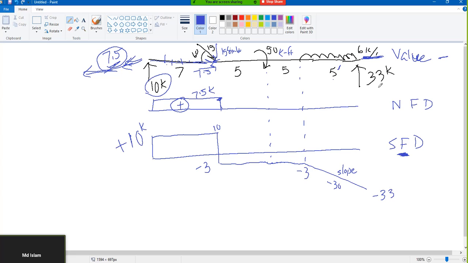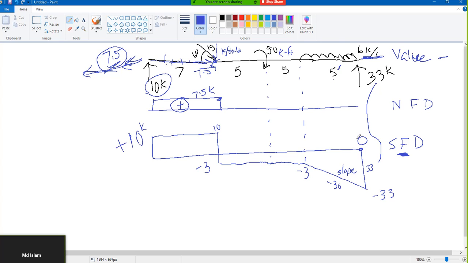After coming here, this load is telling me to jump by 33. A 33 jump, then come to 0. So you can see my diagram is a closed loop. That means my diagram is correct. If you find some value that is a very small fraction, that means it's a rounding error, so that is okay.